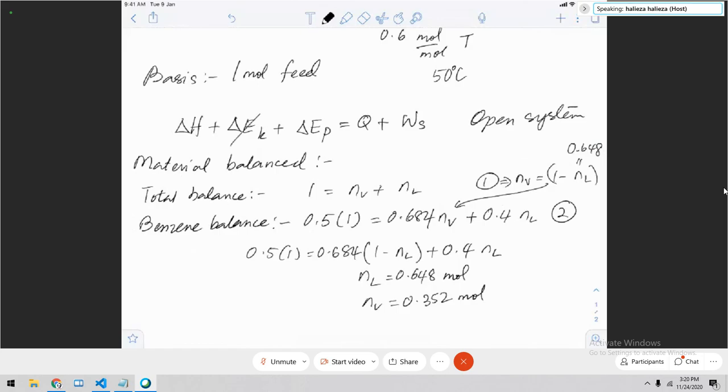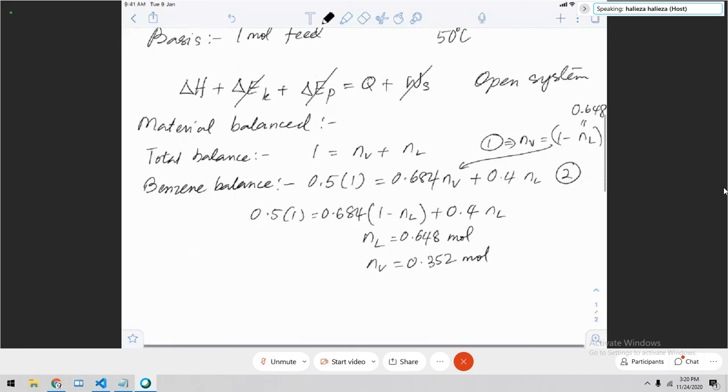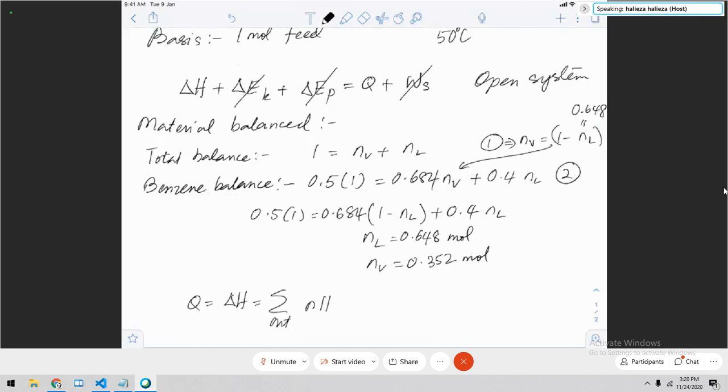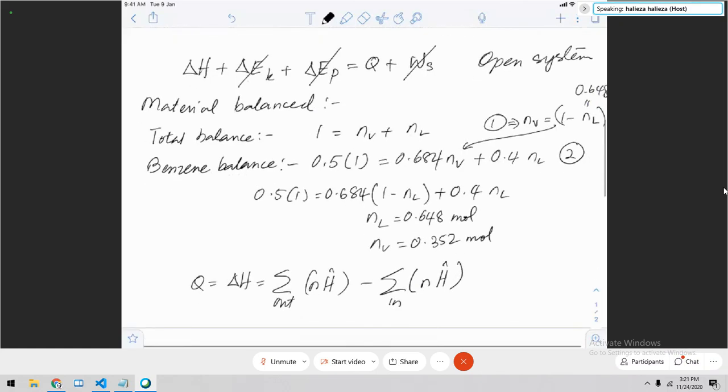Drop the kinetic energy, potential energy, and shaft work as always. So you end up with Q equals the change in enthalpy, which is out moles times specific enthalpy minus in. It's not molar flow rate, it's mole. So that's the equation. So now, what next?